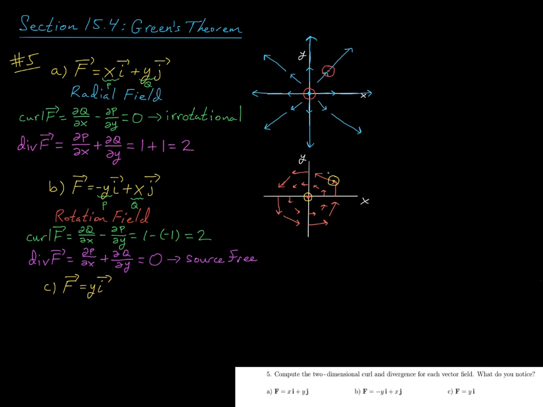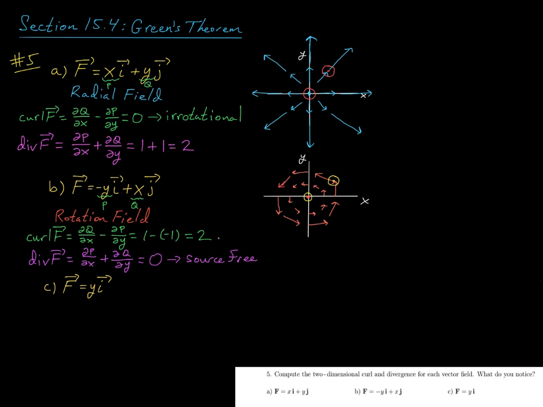But out here, these vectors have greater magnitude. They're going to rotate that wheel counterclockwise. And since they have greater magnitude, they're going to outweigh these vectors. And so you still will see that counterclockwise rotation that's created by the vector field. So it makes sense that the curl is still positive out there.